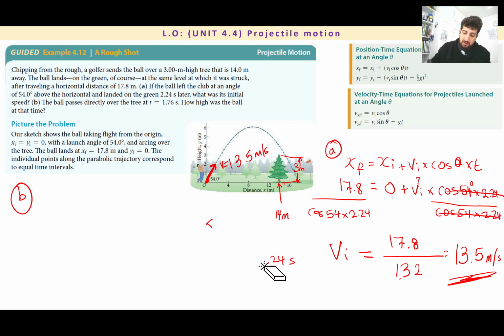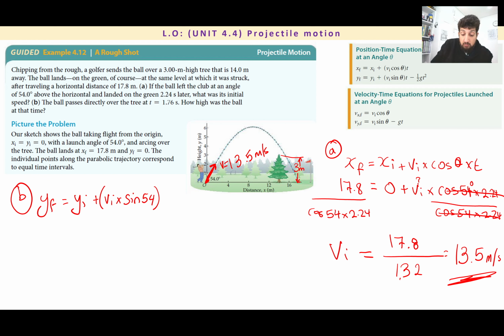I'm just going to make some space over here by getting rid of this stuff. Okay. And let's see, where's the y formula? The y position formula is y final, the final position of y, equals y initial plus Vi, which is the initial velocity that we've just worked out, 13.5 meters per second, multiplied by sine theta, which is 54, multiplied by the time.